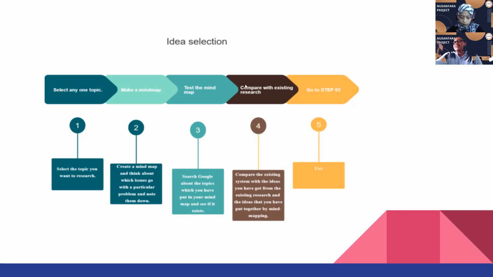This is the way to find the research gap and novelty. What is your current research position? What is the difference between your current research and other or previous research?